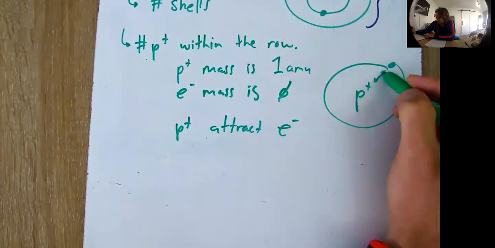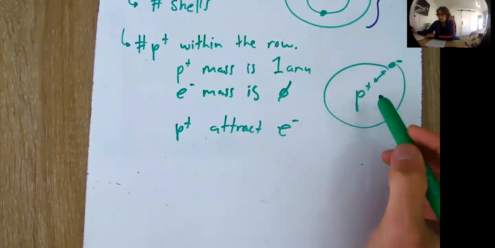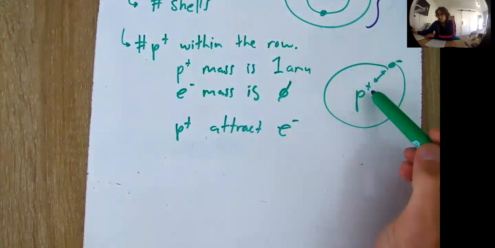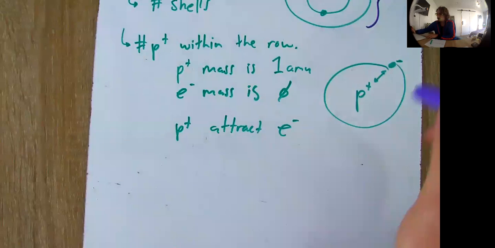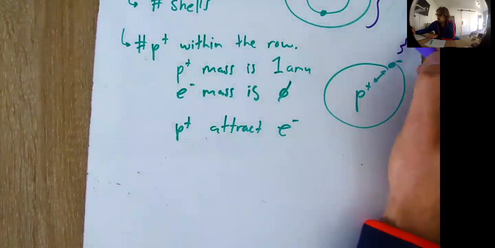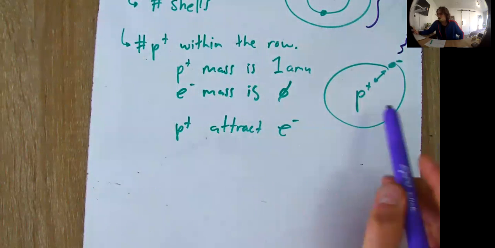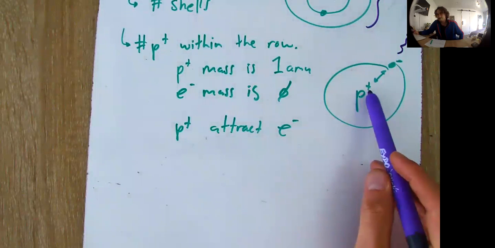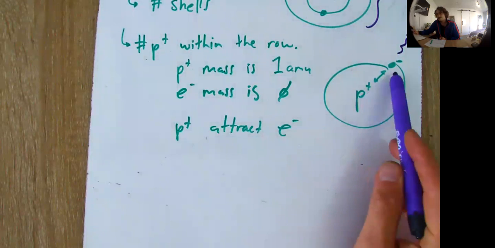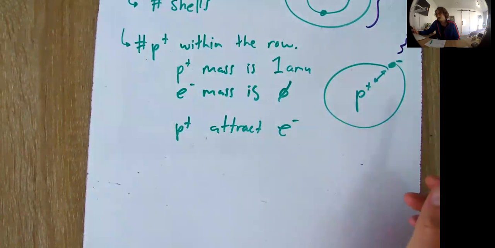This is an attractive force because the electrons are negative and protons are positive. So it's those protons in the nucleus that are keeping the electrons from flying away and going somewhere far away. The more protons that are in the nucleus, the stronger the pull that element will have on the electrons in the electron cloud.